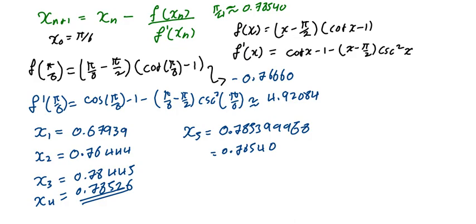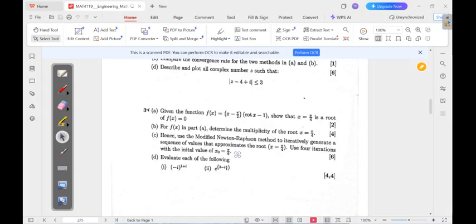So this is basically how you approach the modified Newton-Raphson method, and we ended up using this one here because we know the multiplicity of the root that we are trying to approximate. Okay, so that was all about part 3c. Let's go to the last part, which is the complex functions.